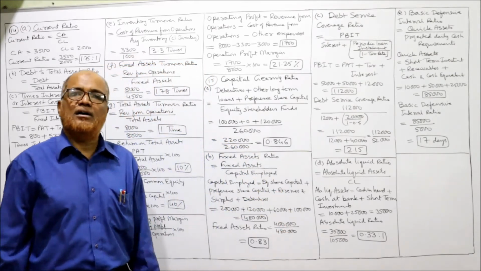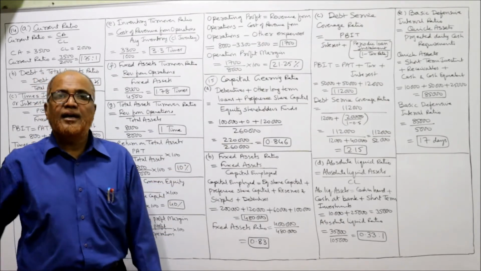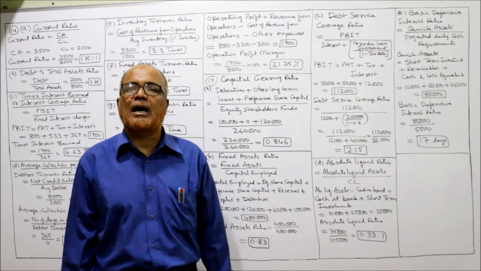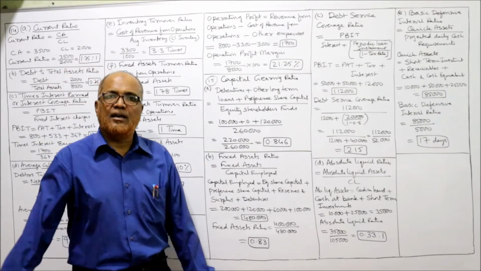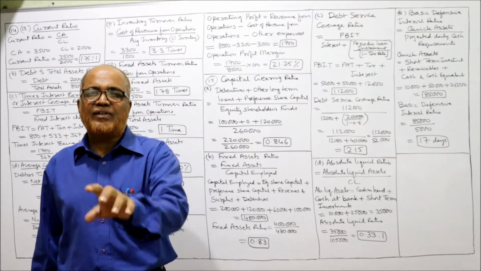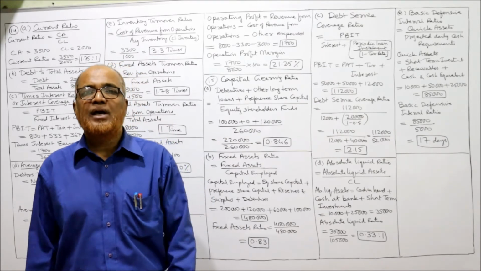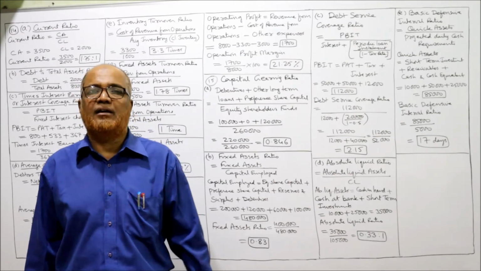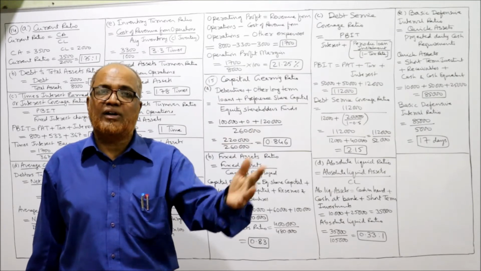Now we have to calculate the ratios one by one, 5 ratios. First, capital gearing ratio. First time we are going to apply the formula for capital gearing ratio. In the previous problem we have not covered it. The ratio is funds bearing fixed interest and fixed dividend divided by equity shareholders fund. What are the funds on which there is a fixed rate of interest and fixed rate of dividend?